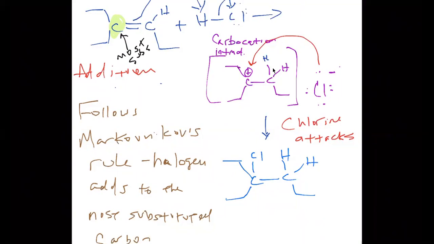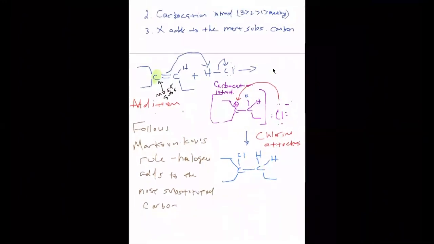All right. So that's the mechanism and the outcome, the product for an electrophilic addition of HX. Sometimes you'll hear it called addition of HX or electrophilic addition of HX. And the outcome of that reaction, because all these reactions give you new functional groups, is that you started with an alkene and ended up with an alkyl halide.